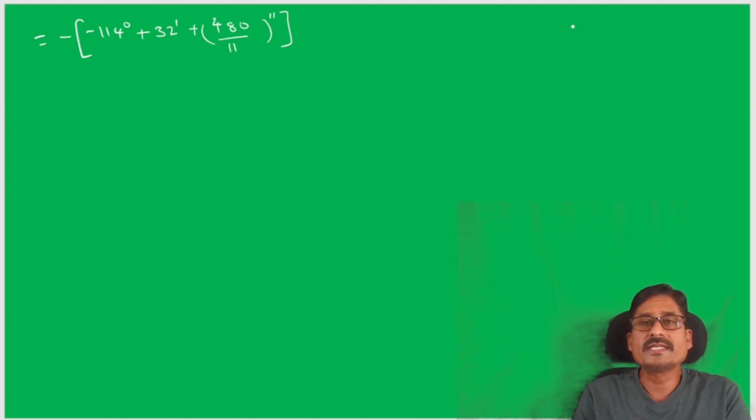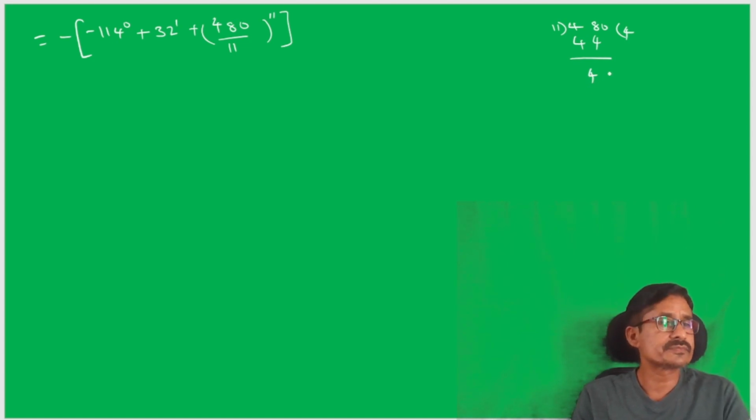Now this 480 is divided by 11. 11 fours 44. What is the remainder? 4 remainder. Okay, next 40. 11 3s 33. Now what is the remainder? 7.